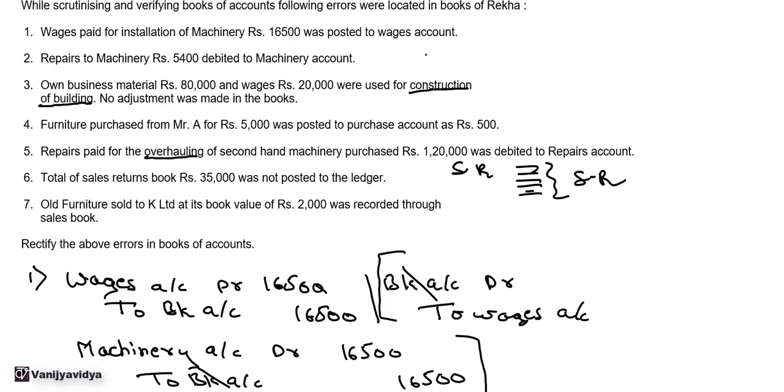So we have to rectify this by posting a partial entry in your sales return account. But the other impact of this, that is in your debtors account, has been taken care of. Not posted to the ledger means only to your sales return account this was not posted. So now let's see the impact of this.